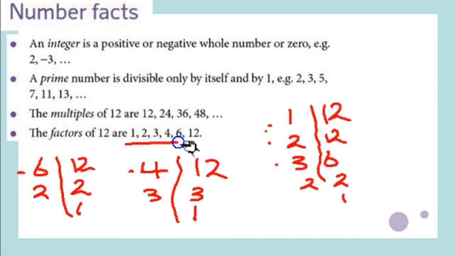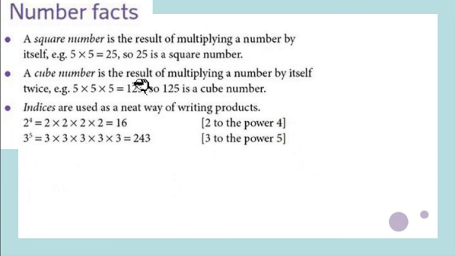That's why we put all these numbers. 12 divided by 1, 12 divided by 2, 12 divided by 3, 12 divided by 4, divided by 6. If you see the times table of these numbers, they make 12. This is what we're going to do next. Square numbers. A square number means if I put here 2 by 2.